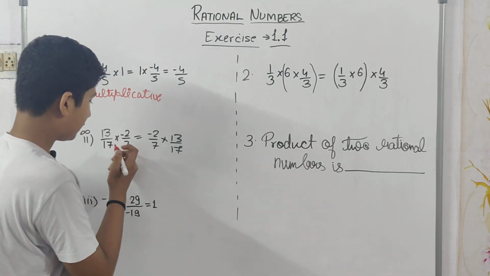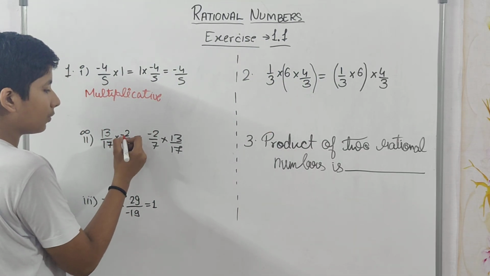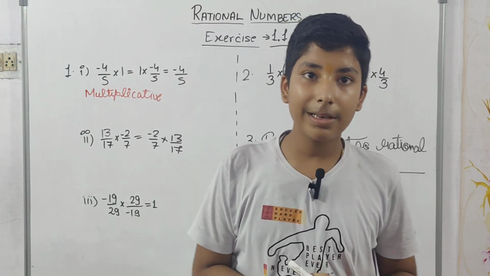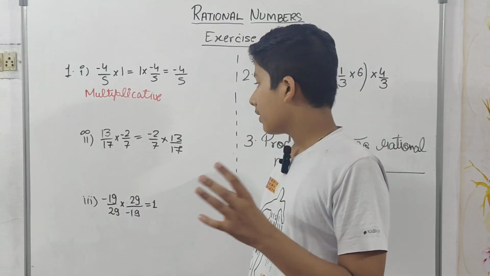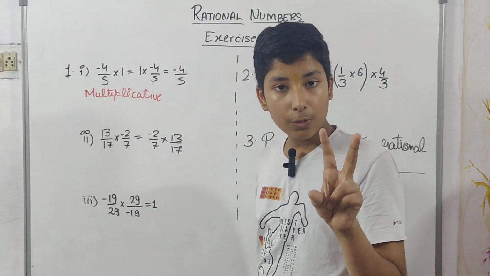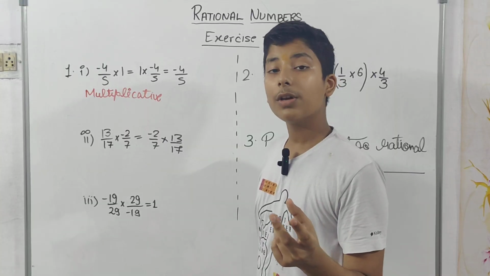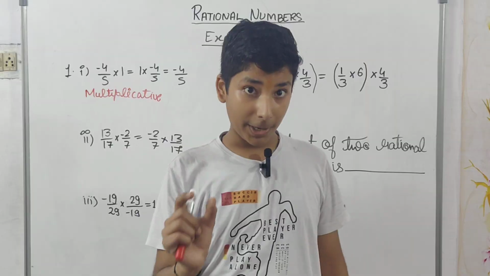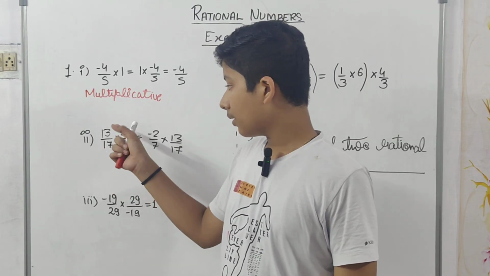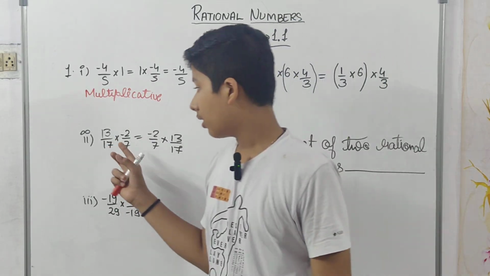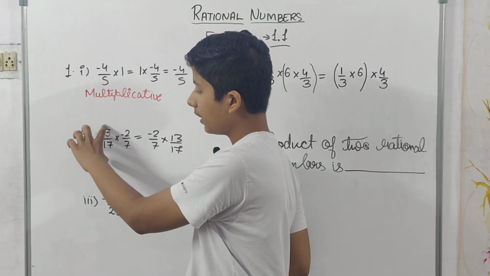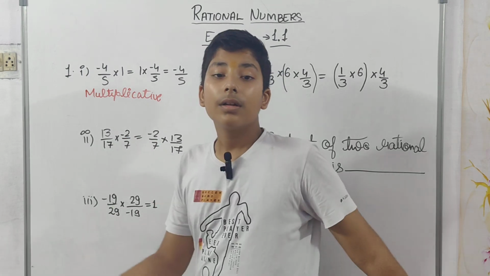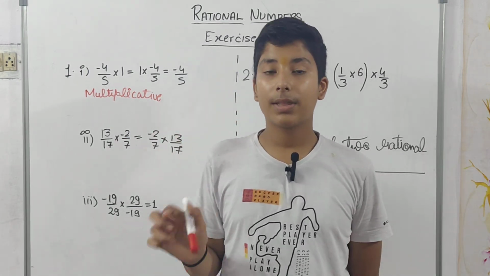Now next, 13 by 17 into minus 2 by 7 equals minus 2 by 7 into 13 by 17. It basically says that when you multiply two numbers or more than two numbers, if you change their places, the place does not matter. What matters is the multiplication symbol, and the order does not matter. The ones which are in divide will always remain in divide.